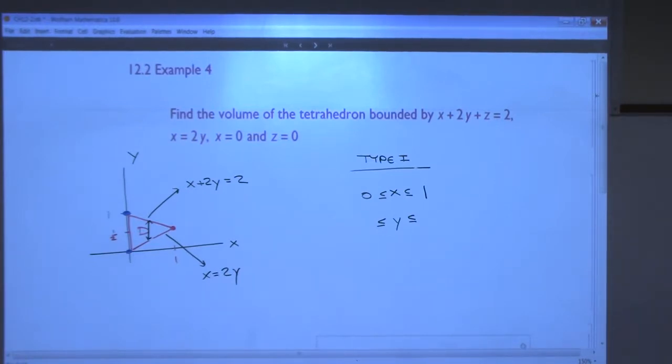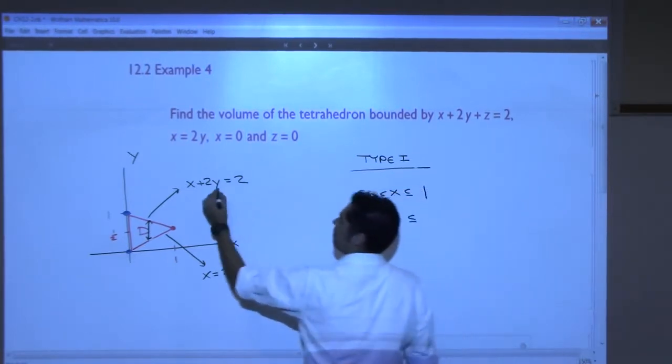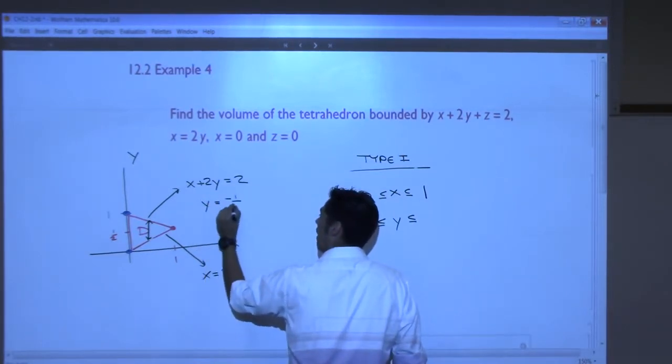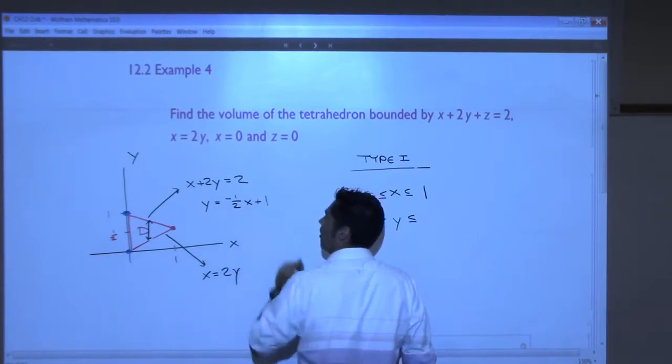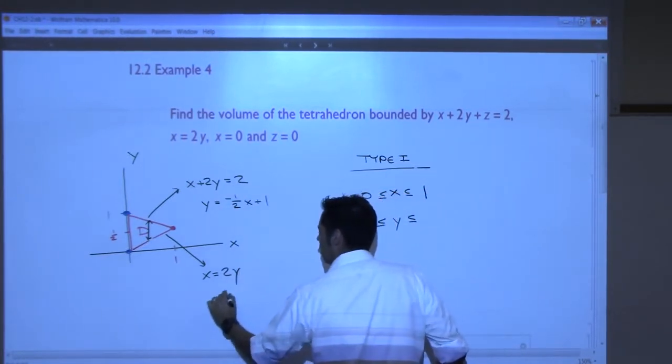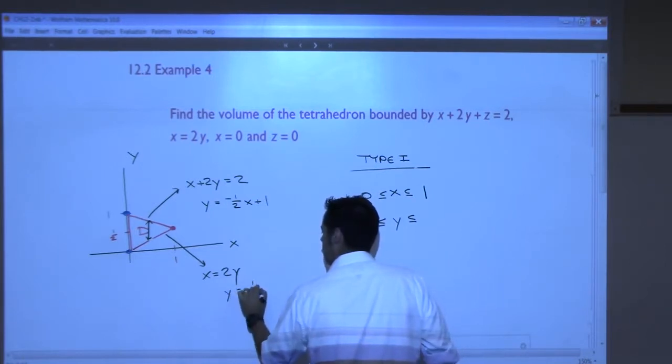Now this is a type 1 region. So I want to solve both of those equations for y. So this should be y is equal to -1/2 x plus 1. Solve this for y. Y is equal to 1/2 x.